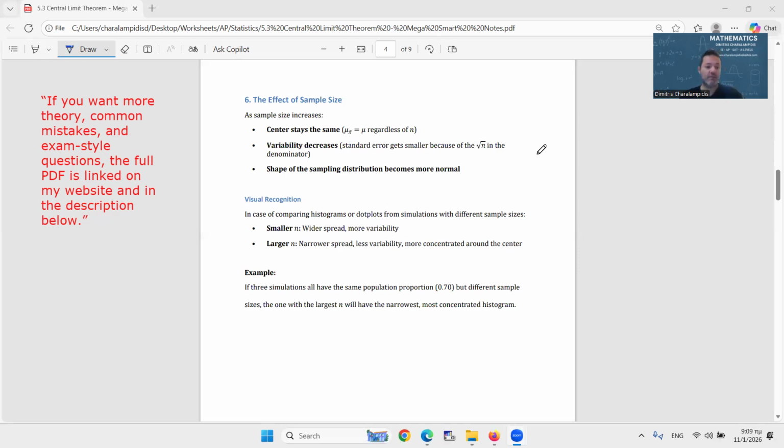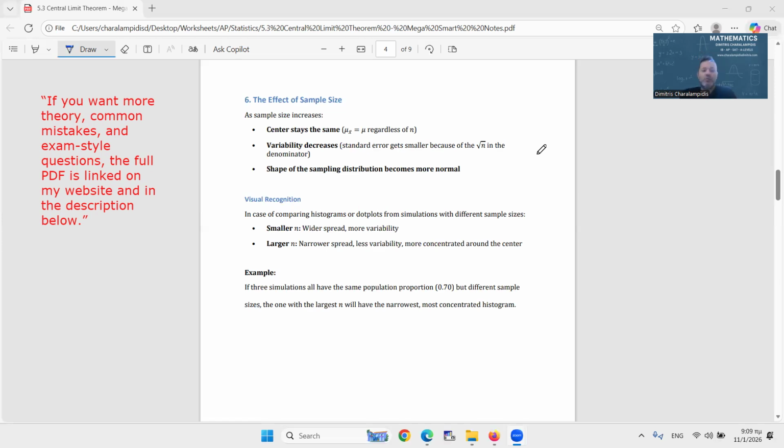The mean of the sample distribution does not depend on the size at all. What changes is the variability. The standard error becomes smaller. And why is that? Because we saw that n takes part in the denominator of the standard error. And with regards to the shape, it becomes more and more normal.